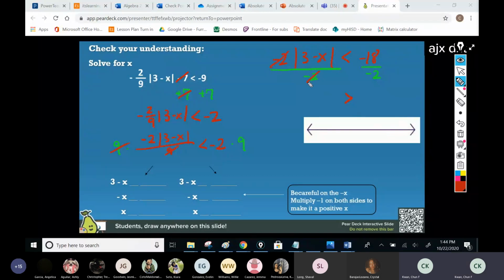So times -2 and divided by -2, they will cancel out. And then on the right, numbers with numbers. So 18 divided by 2 is 9. And then negative and negative will get you a positive, all right? So that means you have greater than 9 right here, and then less than -9 right here.